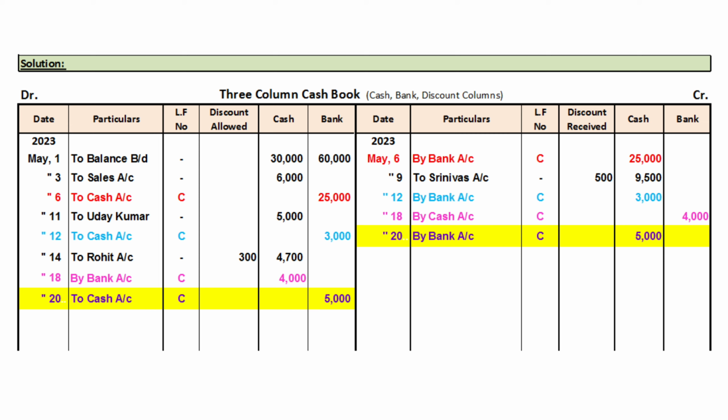Just simple steps: first side item goes to second side and second side item comes to first side. Always remember, while writing contra entries, the amount should be written in the opposite column. Alphabet C should be written in the LF column on both sides to indicate that it is a contra entry.